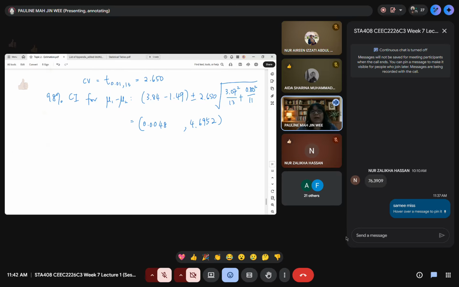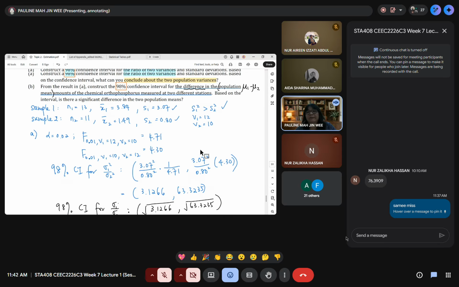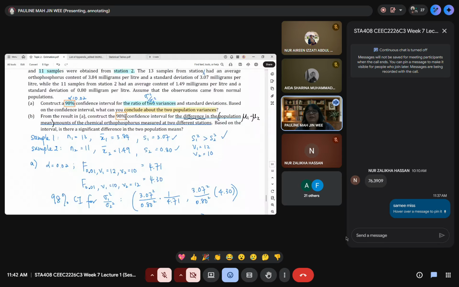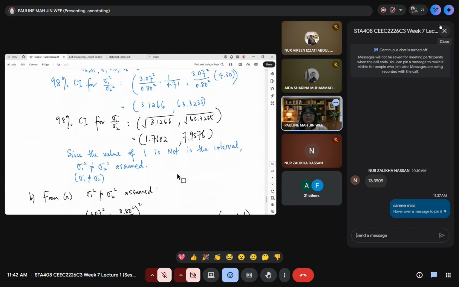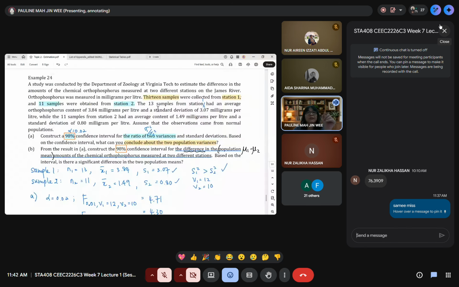Right. So we have this. Now, if you want to interpret, the context is the one that I underlined here, right? We are 98% confident that the difference in the population mean amounts of chemical for the two stations is between the two values here. And don't forget your units is measured in milligram per liter.